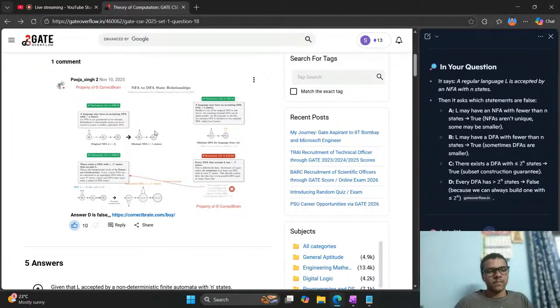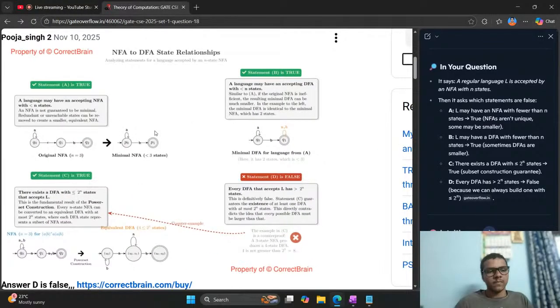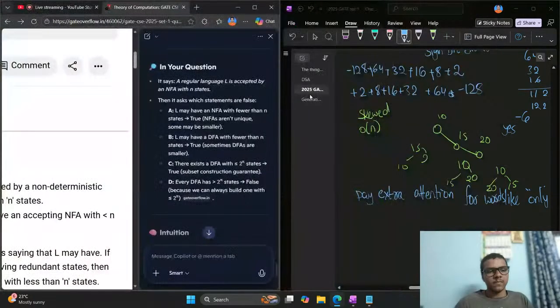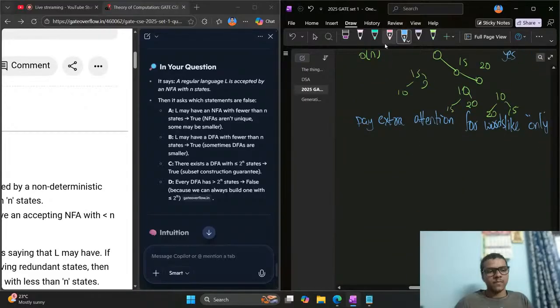Okay. So what we learned from this is, good. NFA stands for non-deterministic finite automata. DFA. An NFA has an equivalent DFA. And what is that?